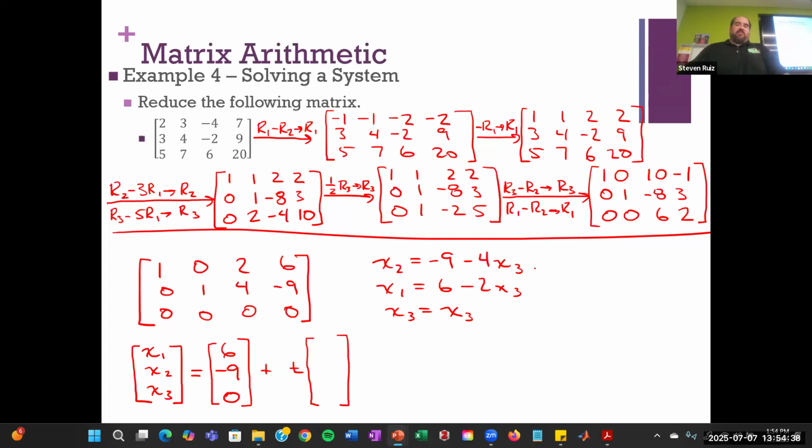Those are the constants that come from the solutions. This vector right here I'm not multiplying by anything. This one here, I'm going to multiply by some parameter. What's that parameter t doing the job of? That's x3. So then what am I going to multiply that parameter by?